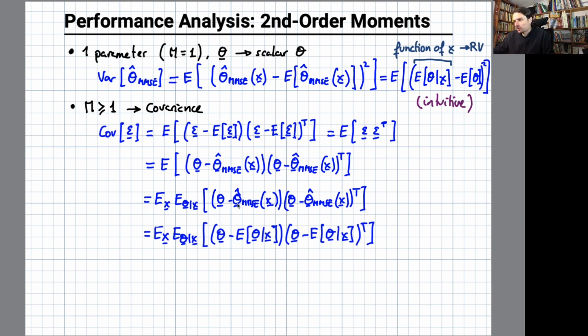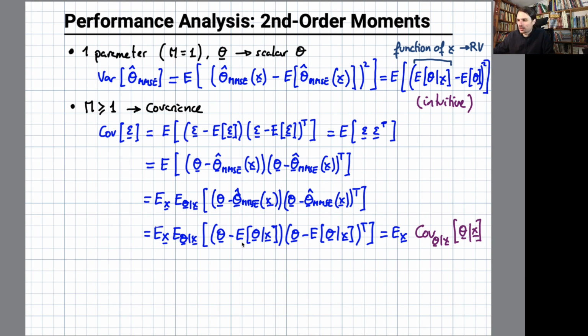And now, just by substituting what this MMSE estimator is, the conditional mean, we find these nested expectations here, but we can note that the inner expectation is nothing but the conditional covariance of theta given x, right?